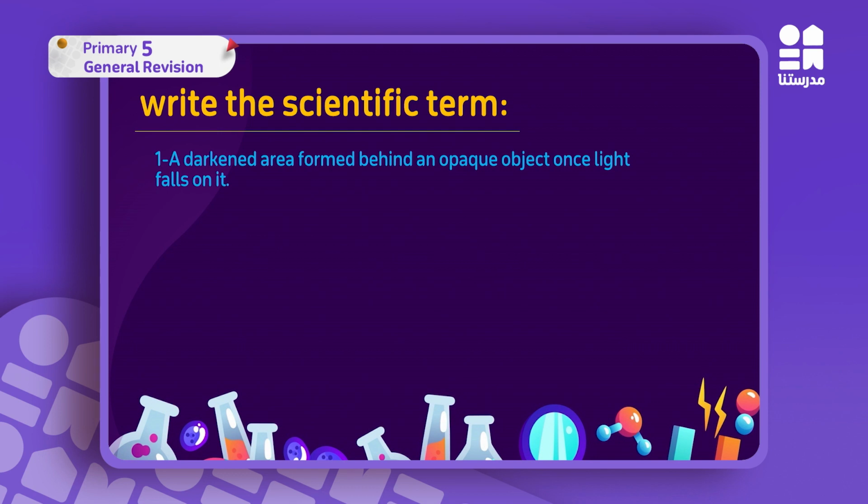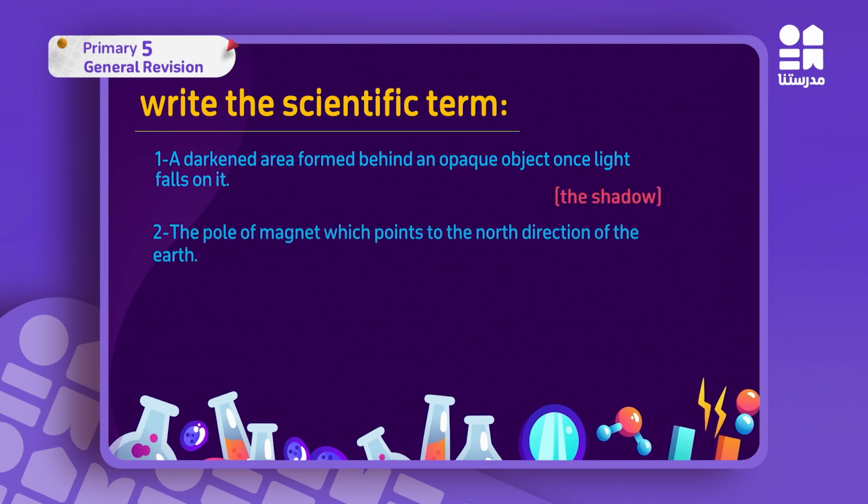Next question, write the scientific term. A dark area formed behind an opaque object once light falls on it. So when light falls on an opaque material, it will form the shadow. The next question, the pole of a magnet which points to the north direction of Earth.